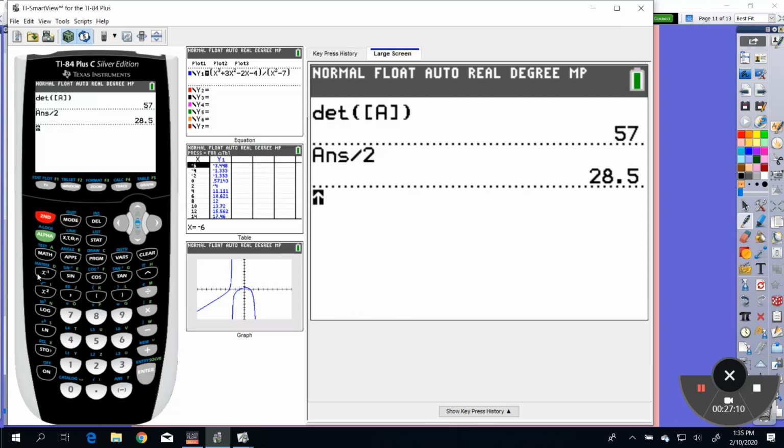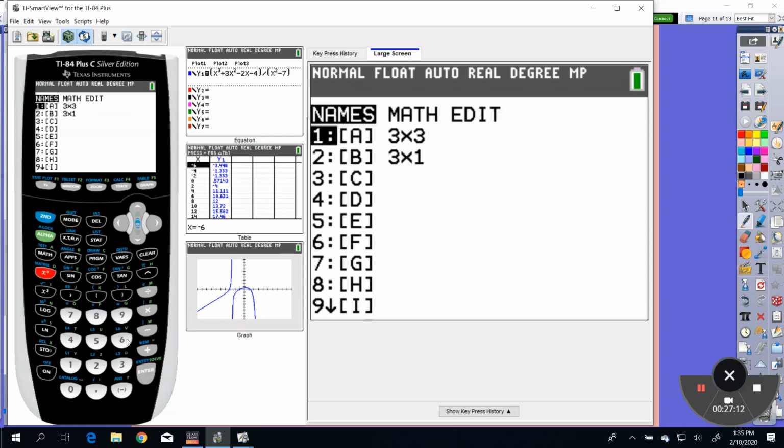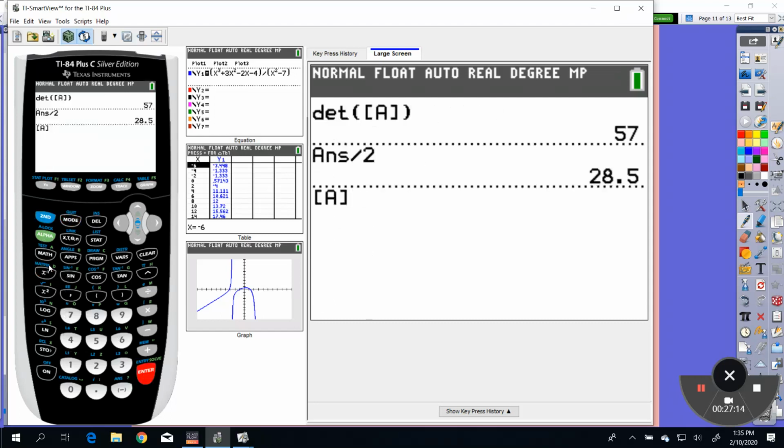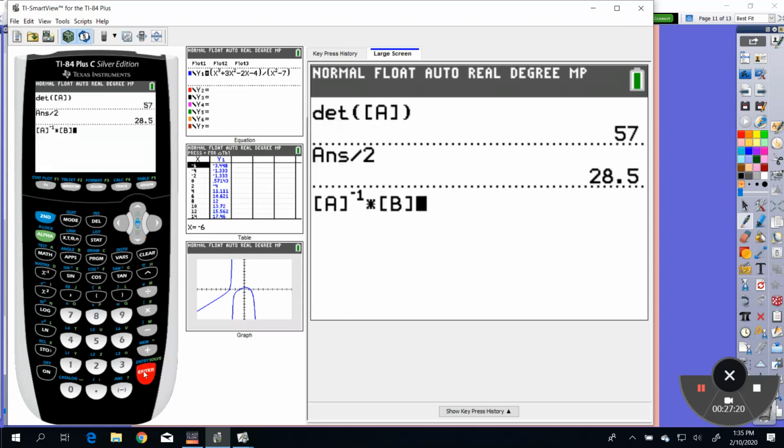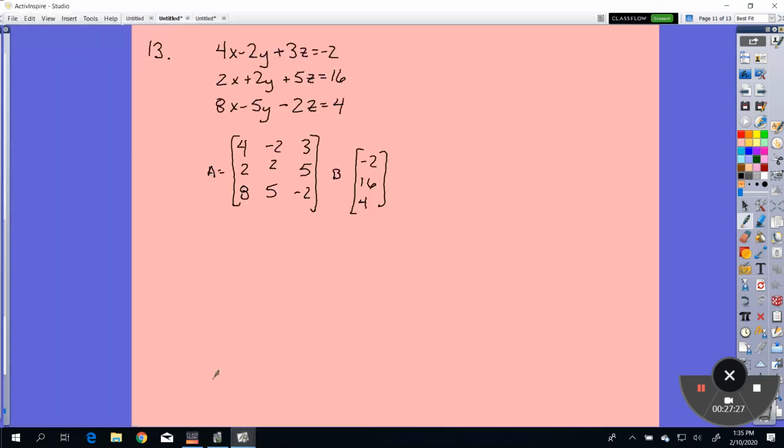So I hit second matrix A, and I do the inverse times second matrix B, and it tells me that the answer is 5, 8, negative 2. So what that really means is if I had x, y, z, my variable matrix equals 5, 8, negative 2. So x is 5, y is 8, z is negative 2.